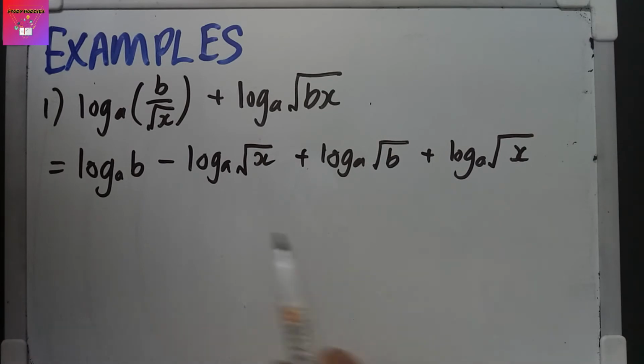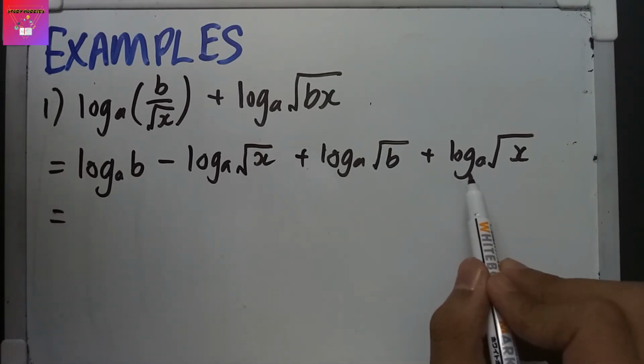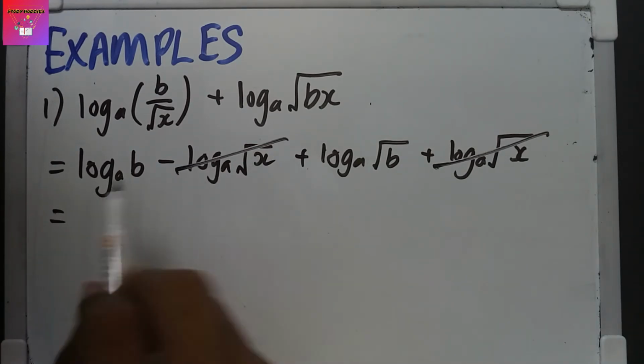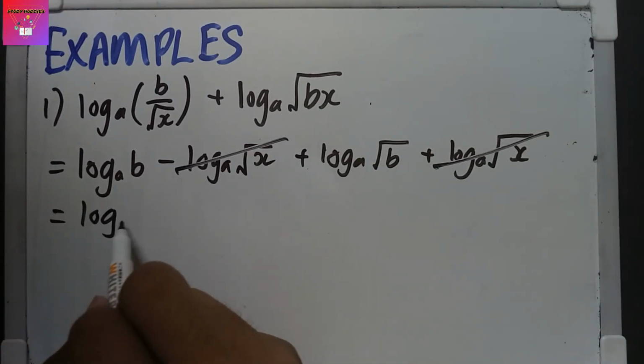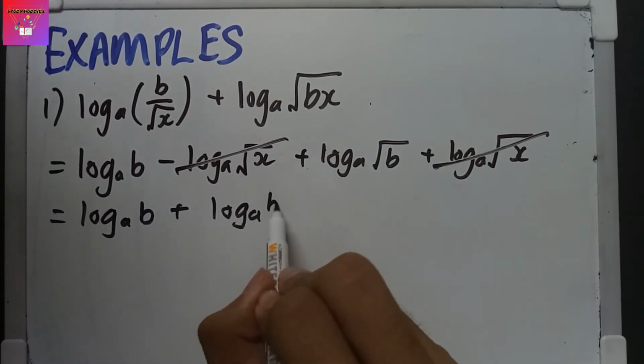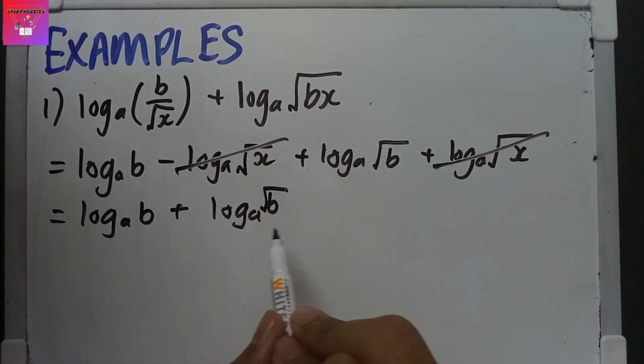Now once you look at this equation, you can see that log a square root x can minus off log a square root x. So now the only thing remaining is log a b plus log a square root b.